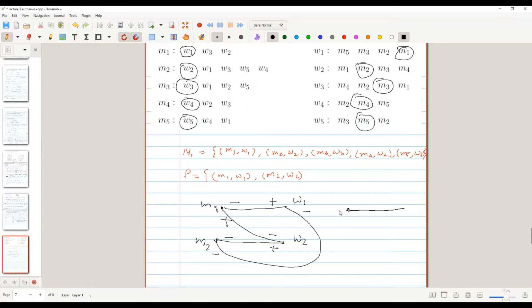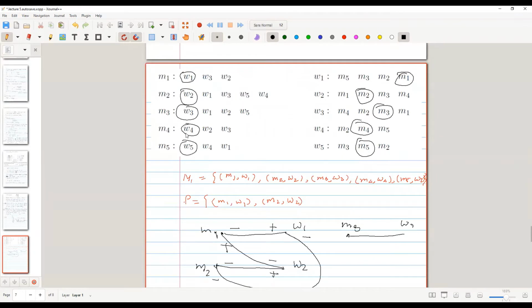From M3, we have M3 to W3. In the preference list of W3, the next one is W1. In the preference list of M3, W1 is after W3.